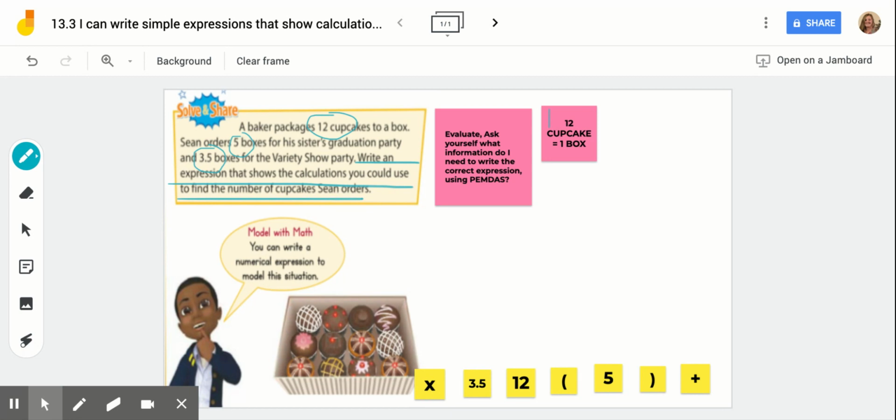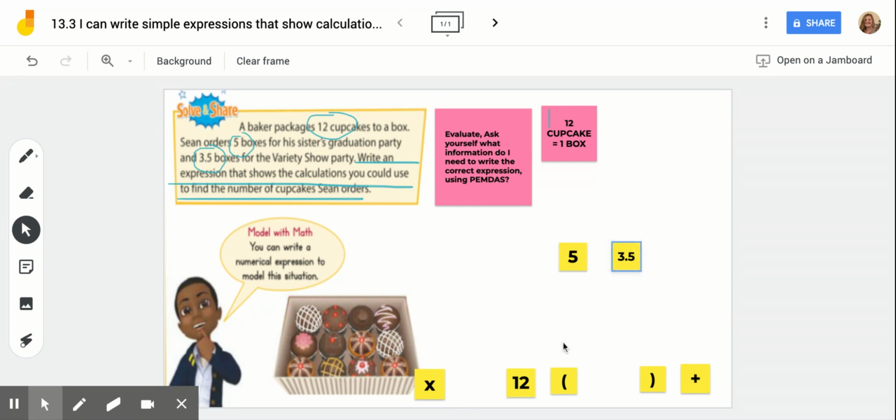I pre-boxed the numbers and operations that I'm going to use in this expression. I'm going to read through it again and ask myself, what do I need to know first to solve this correctly? I know I have 12 cupcakes in one box, written right here. We know that Sean orders 5 boxes for the graduation party and 3.5 boxes for the variety show party.